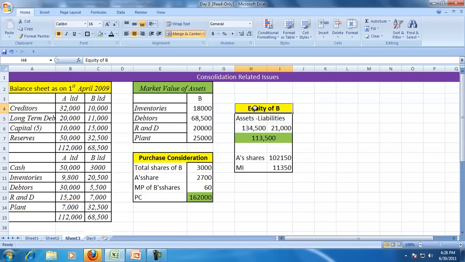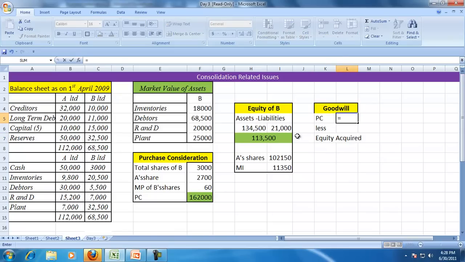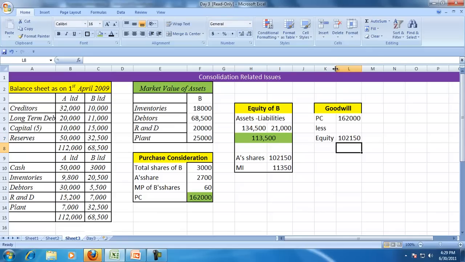Now we'll use this information to calculate the goodwill. Goodwill is equal to purchase consideration less equity acquired. The purchase consideration we already calculated as 162,000, and the equity acquired is calculated here.